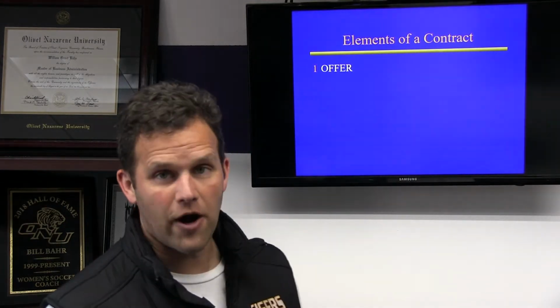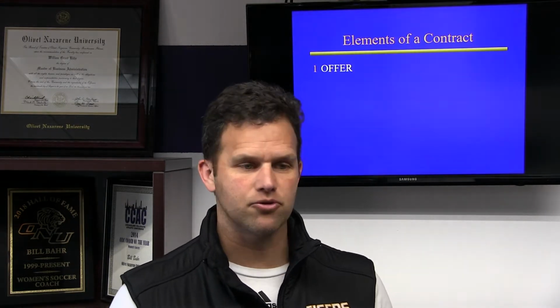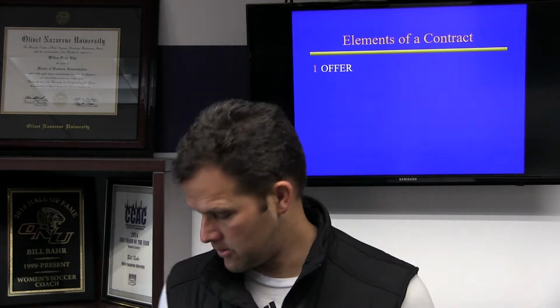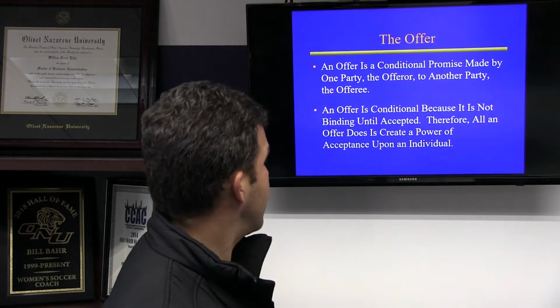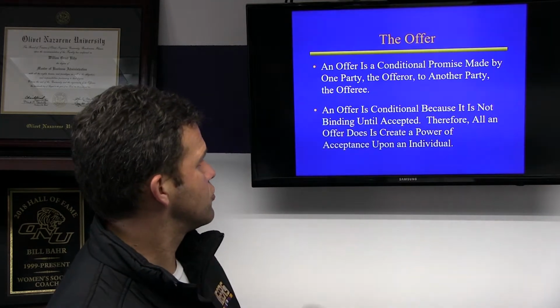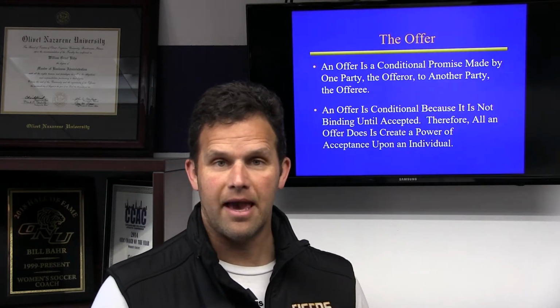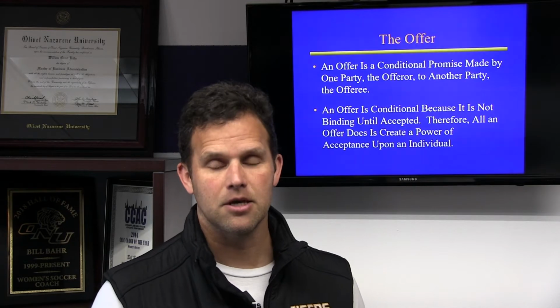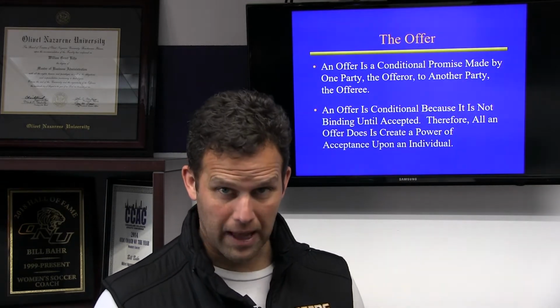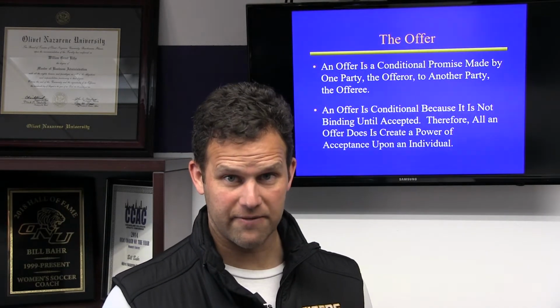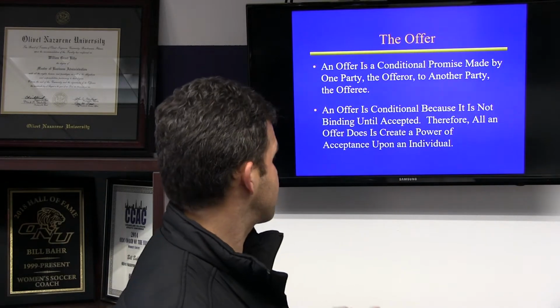First of all, you have an offer. Somebody presents, hey, we'd like to sell you this, or we want to offer you this job contract or this position. And then the offer is usually conditional. You have to have a certain level of expertise, or you have to comply in a certain period of time, or you have certain expectations.